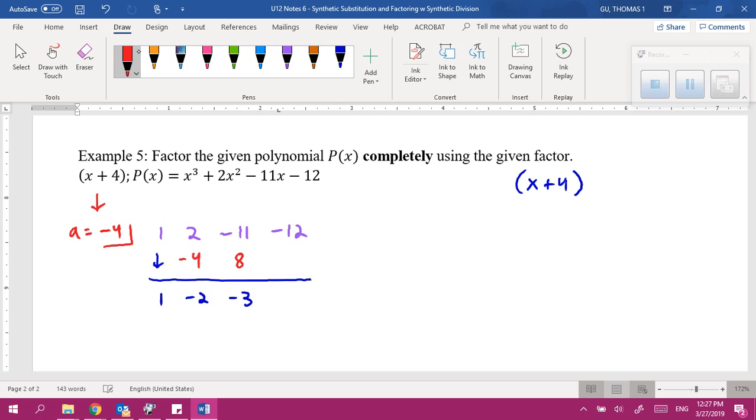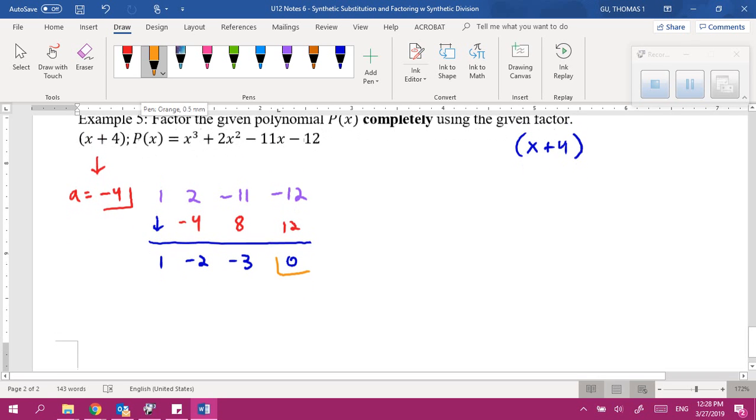And then negative 4 times negative 3? 12. And negative 12 plus 12? You know that it should come out as 0. Why? Exactly, because they said that this x plus 4 is a factor. Very good. Good understanding. All right. So now I have these coefficients right here. This tells me a new polynomial, right? What is my new polynomial?